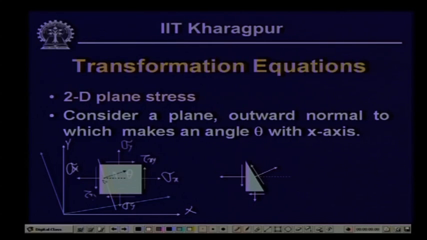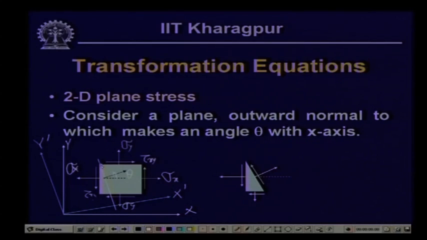The plane is considered in such a way that the normal direction, normal to the plane, coincides with a reference axis, which we denote as x dashed and y dashed. Since the normal to this particular plane is parallel to the x dashed axis, we call this plane the x dashed plane. Now, let us look into the state of stress on this particular plane.